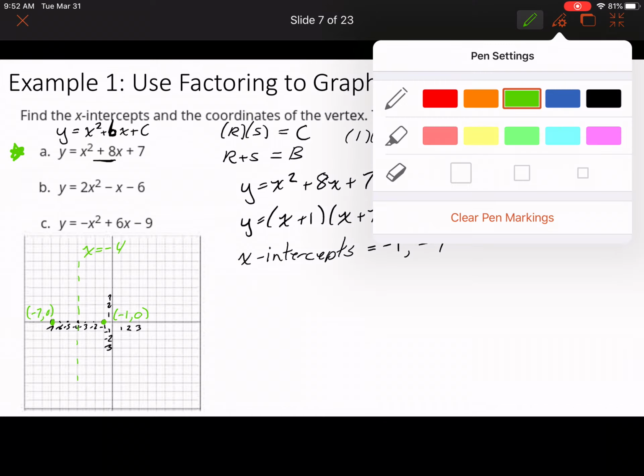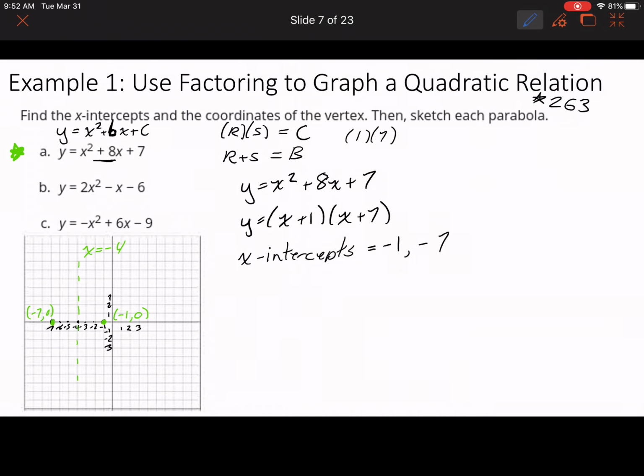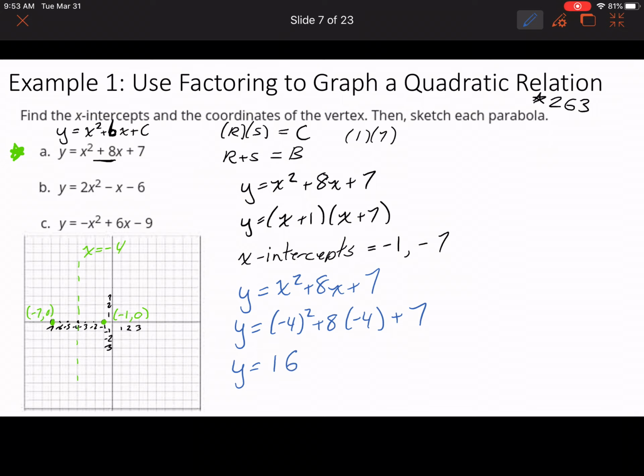So easy enough to then go back up to the original equation, so make sure we didn't make any mistakes. So it was a little easier that way. We want to put in -4 for x. So again, this is where the brackets become important, because we have brackets around the -4, it becomes +16.